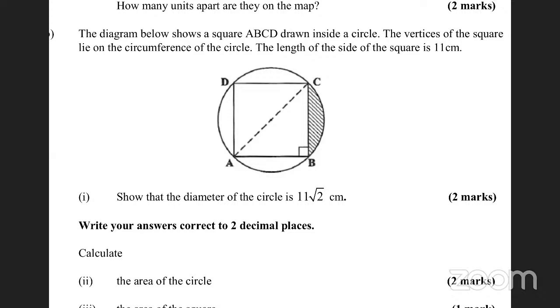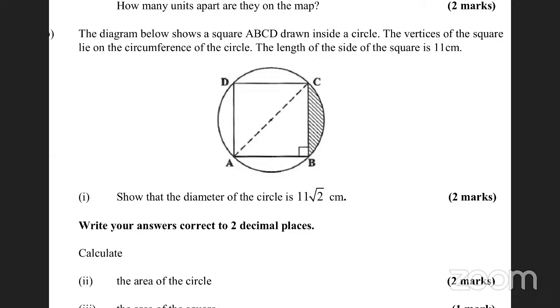What is that called again? All 4 of the vertices lie on the circle. What is that shape called? A cyclic quadrilateral, right? And they said that the length of the side of the square is 11.